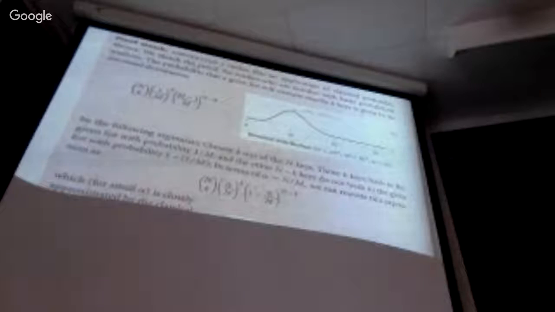Hash to the given list with the probability 1 upon m. Other n minus k keys do not hash there, so it's 1 minus 1 upon m. And so we define an alpha value as n upon m. And you've got that lovely formula. This you have to know, but it's not for the test.